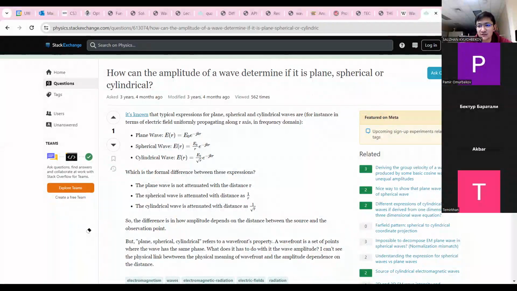But in oscillations, damped oscillation, you see some exponential factor, right?